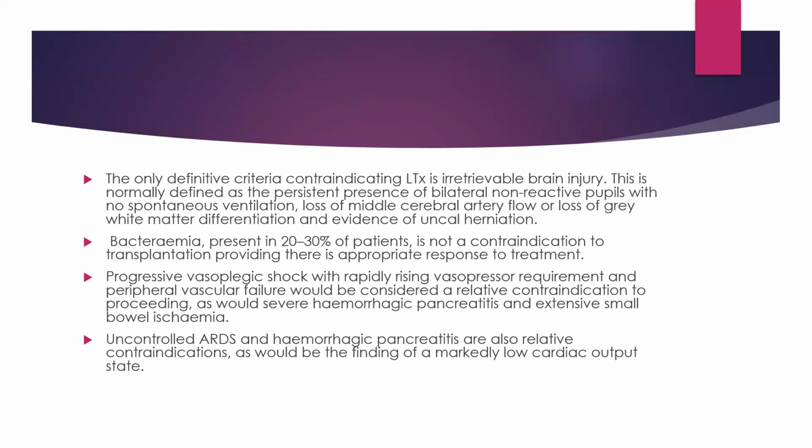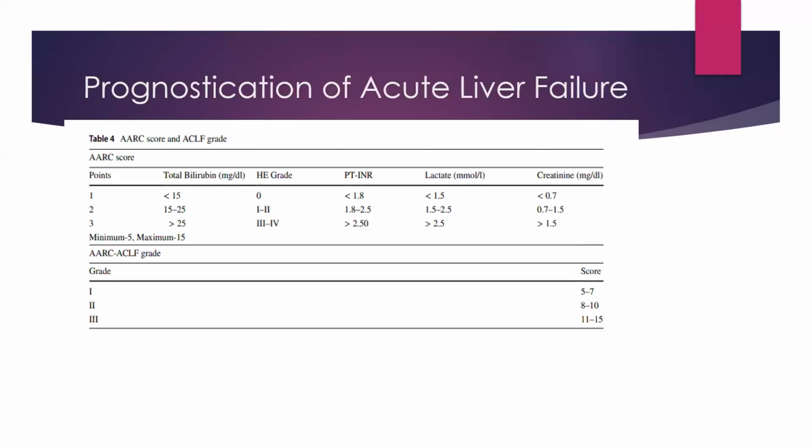Progressive vasoplegic shock with the rapidly rising vasopressor requirement and peripheral vascular failure would be considered a relative contraindication to proceed, as would severe hemorrhagic pancreatitis and extensive small vessel ischemia. Uncontrolled ARDS or hemorrhagic pancreatitis are also relative contraindications, as would be the finding of markedly low cardiac output state.